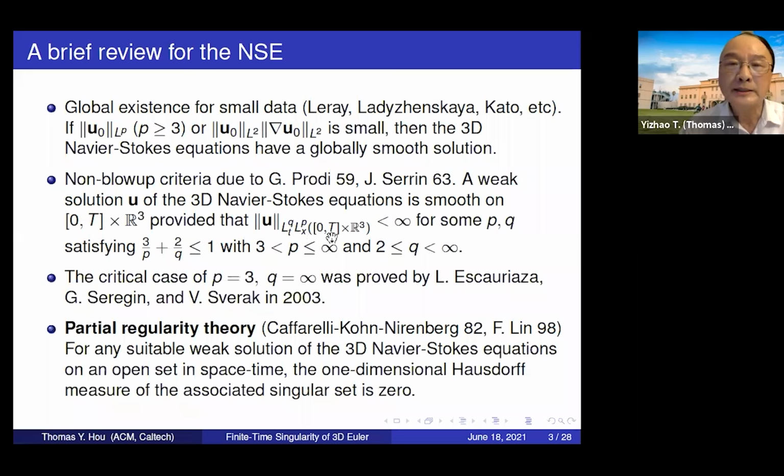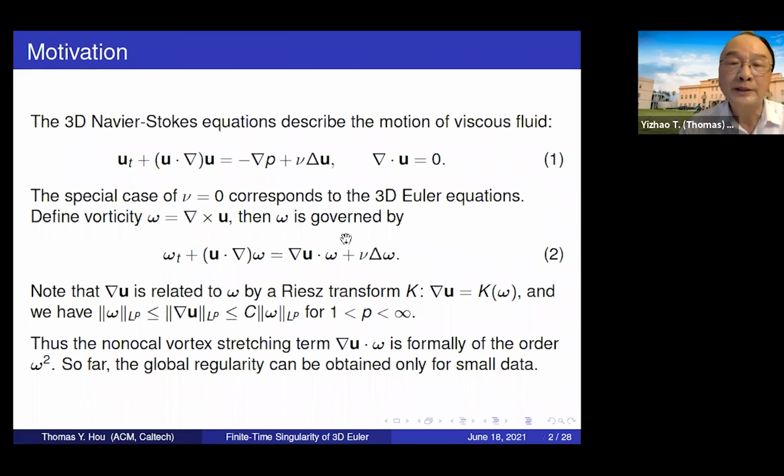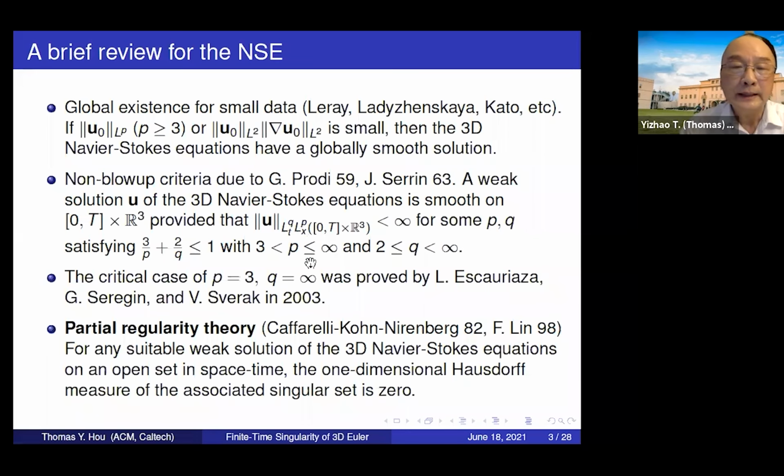Basically this condition makes sure that under the a priori energy estimate, the viscous term still dominates the nonlinear term in the convection and the vortex stretching. And there was the special case when p equals 3, meaning that if you have control of the velocity in L^3 norm uniformly in time, then there's no blow up. That was only established much later.